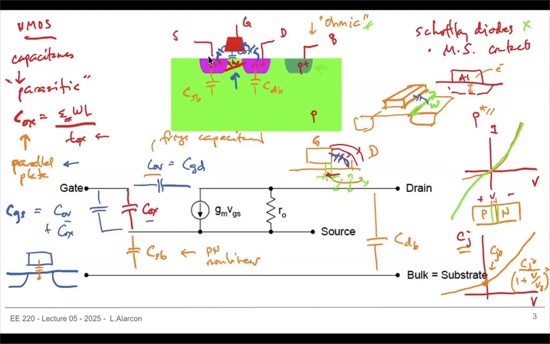But what happens when you have, for example, a very large negative gate voltage? What happens is you have accumulation. You have accumulation of this N and this is P plus. So you get a lot more, and now you get this capacitance.